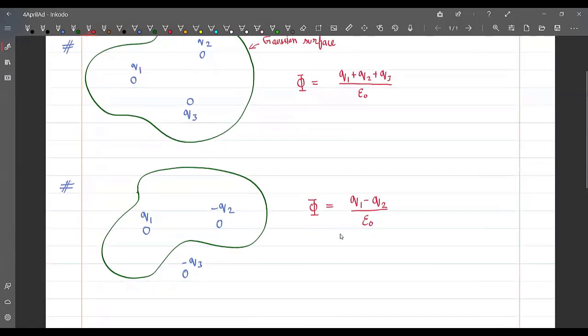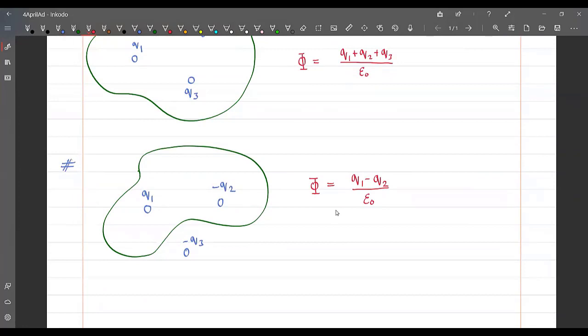Now, if you think about it, you can also write the flux as E dot dS. Now, dS is any region, suppose here. This is a small surface, dS. And let us say the electric field is E vector.